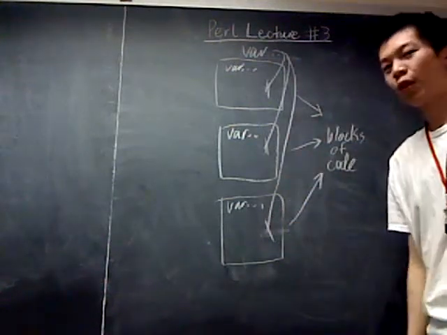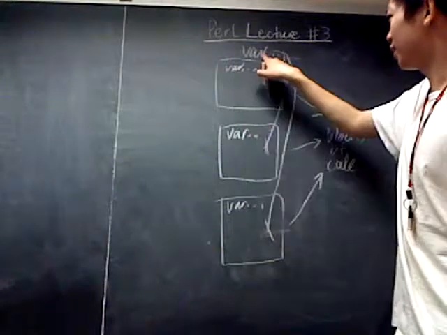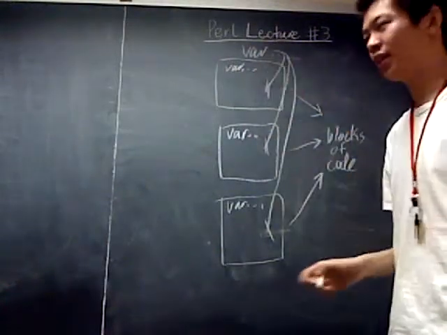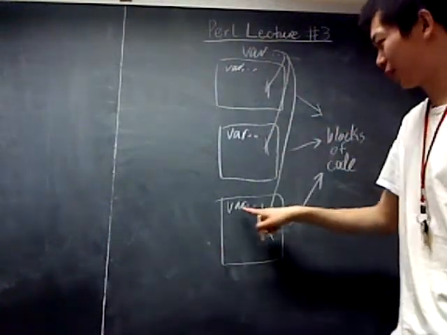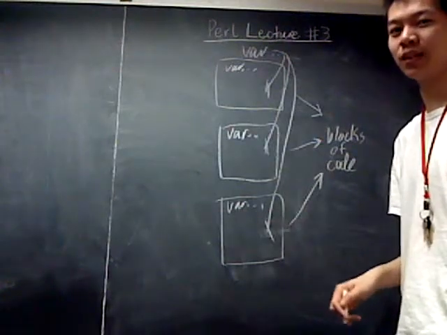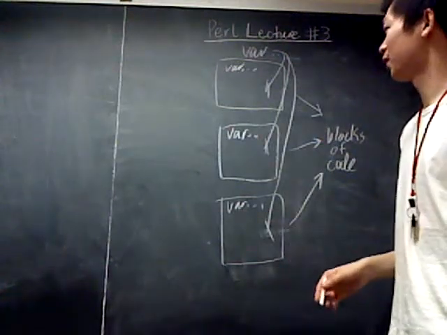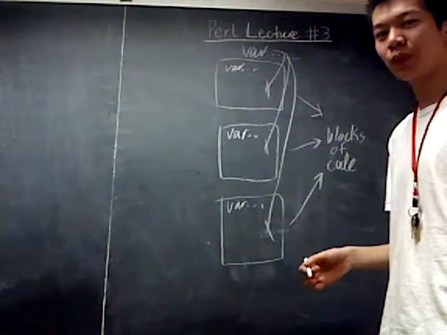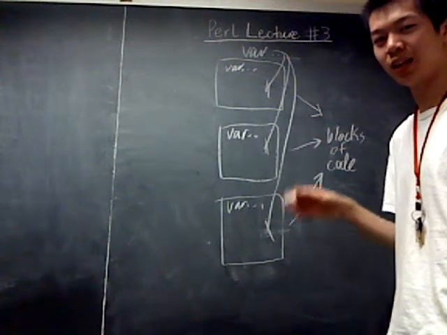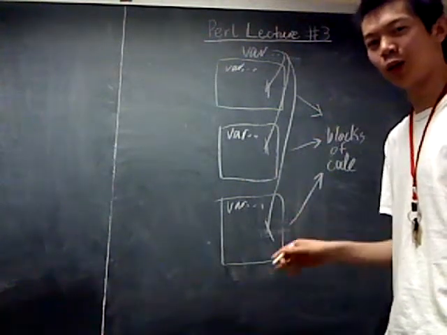In essence, these variables out here have a very different scope than the variables that are associated with some particular block of code. What computer scientists call globally scoped variables are global variables.